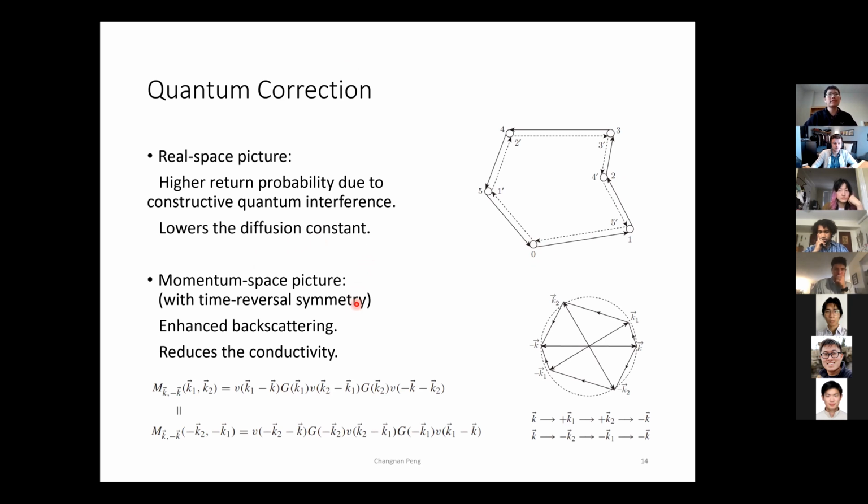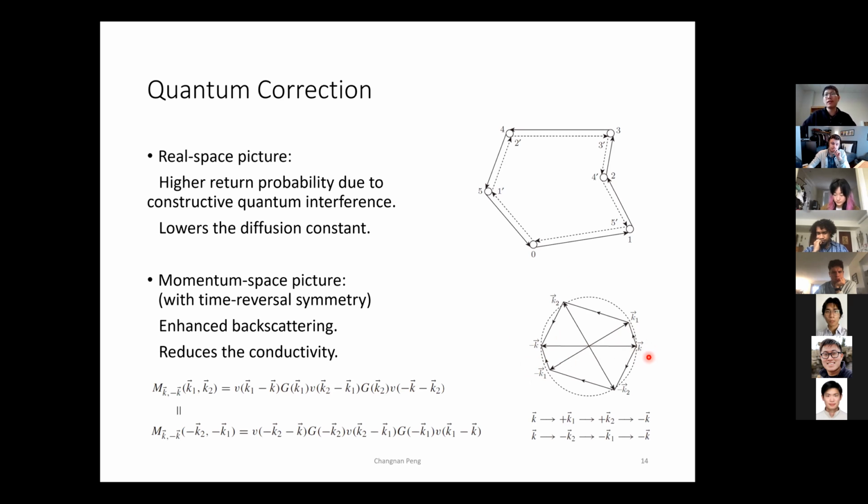We can also see it from the momentum picture, which relies on time reversal symmetry. Backscattering, which means a particle with momentum k scattered into a particle with momentum minus k, is also enhanced because of the constructive quantum interference.